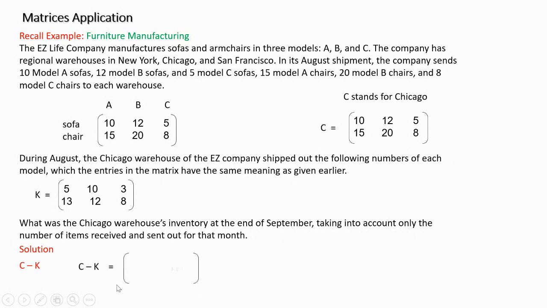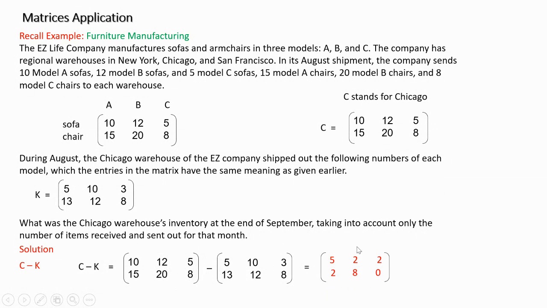So C minus K is going to be matrix C, which is the one up here, minus the K, the material that got shipped out. So 10 minus 5 is 5, 12 minus 10 is 2, 5 minus 3 is 2, 15 minus 13 is 2, 20 minus 12 is 8, and 8 minus 8 is 0.